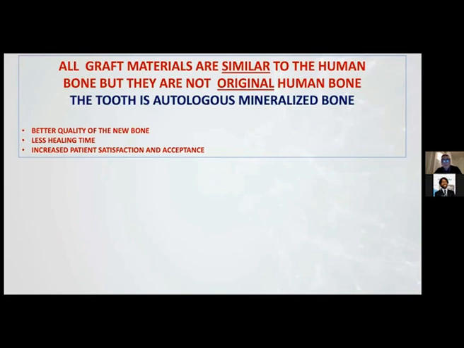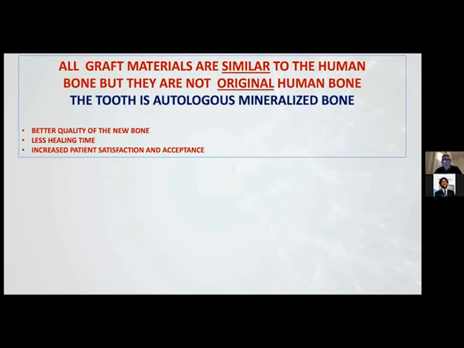So why would we like to use dentin? Because we have a better quality of new bone in a short time. Another very interesting aspect is the interest of the patient in this technique, because every patient would like to use their own part to make a regeneration.